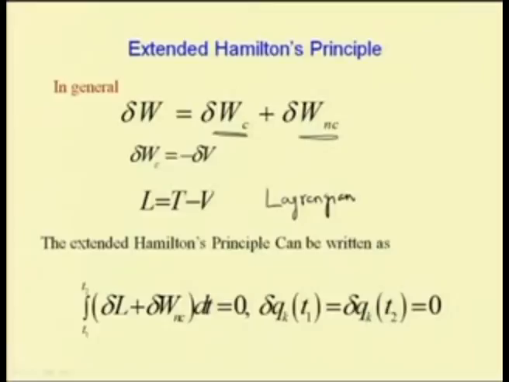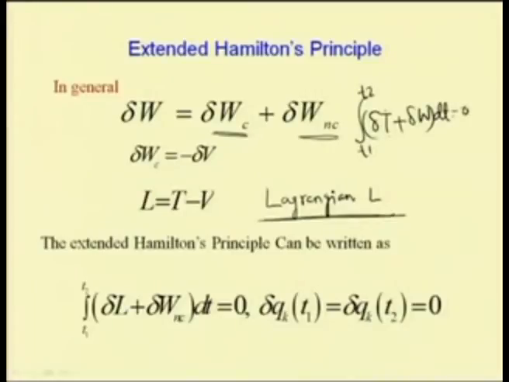So, using the Lagrangian L, which is equal to the kinetic energy minus potential energy, the previous equation can be written. The previous equation was integration from T1 to T2 of del T plus del W dt equal to 0. So, this del W can be written as minus del V plus del W N C. So, this becomes integral of del of T minus V, that is del L, plus del W N C dt equal to 0.